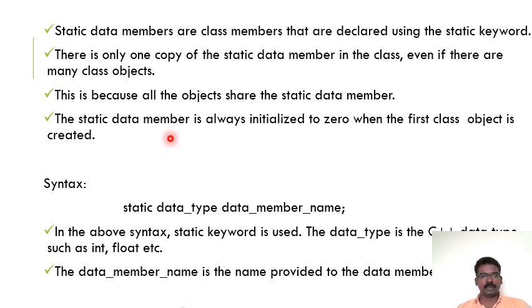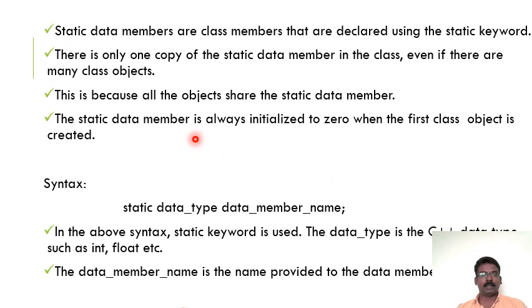This is because all the objects share the static data member. All the objects can share the member of the class, but only one copy will be maintained by the class. So the object cannot hold a copy of a static data member of its own.